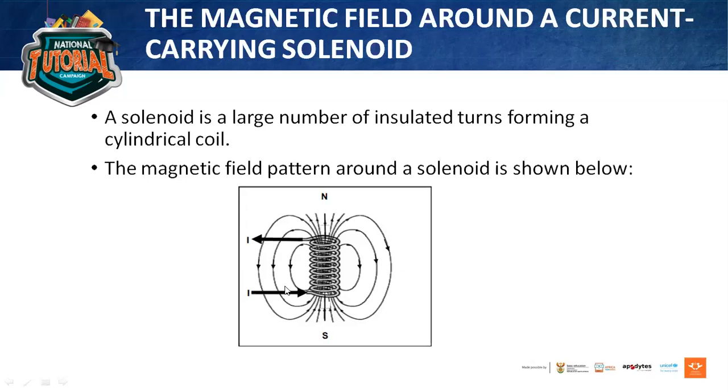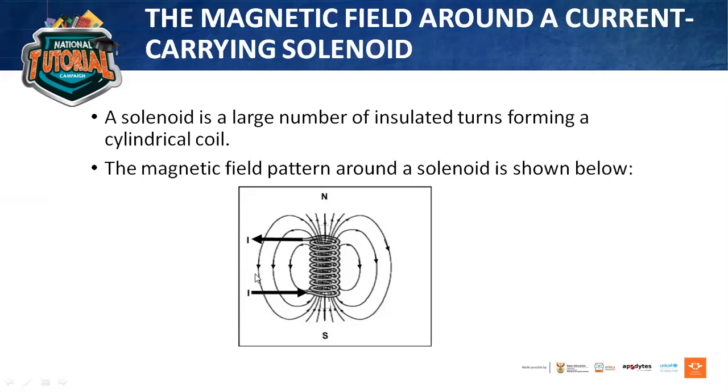So this is how it works. If you had to put your right hand to where the current is moving towards, you'd be able to see that it shows that your magnetic field would be going in this direction. Okay, so what is important here is to know which path your current is going into.